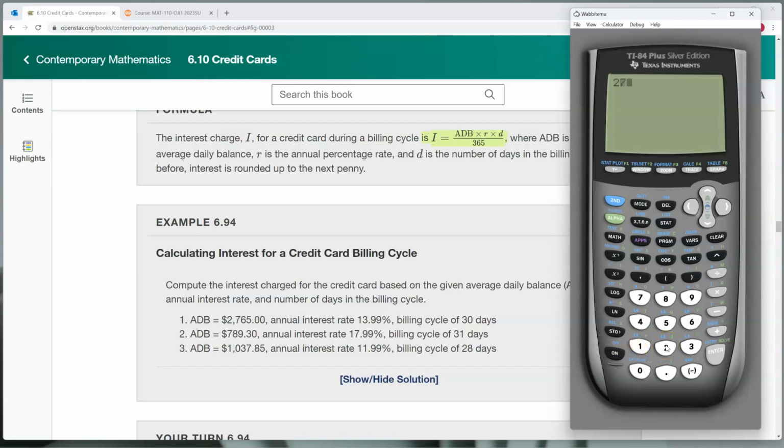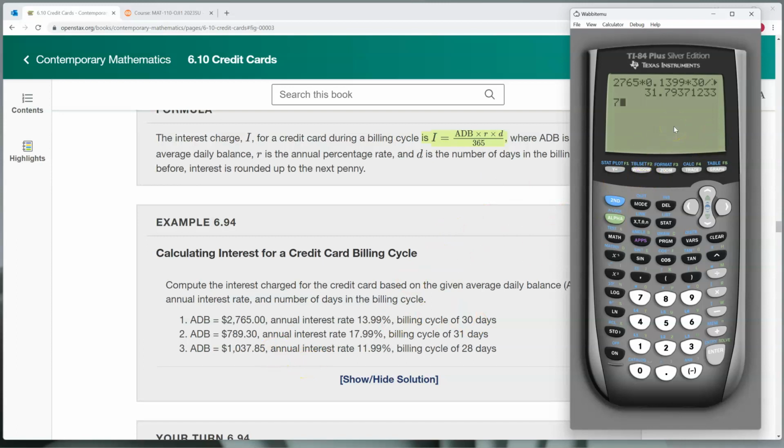So we've got $2,765 times 0.1399, and that's going to be times 30, since it's a 30-day month, and then we're going to divide that by 365. So in this particular example, number one here, we would pay $31.80 in interest for that particular billing cycle.